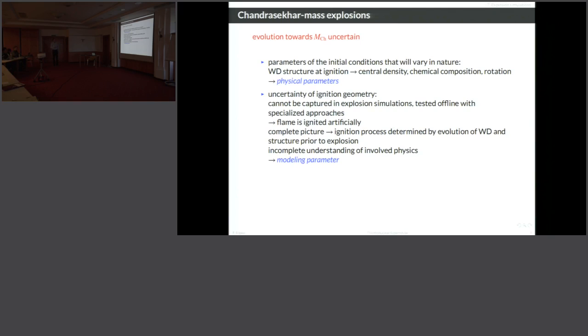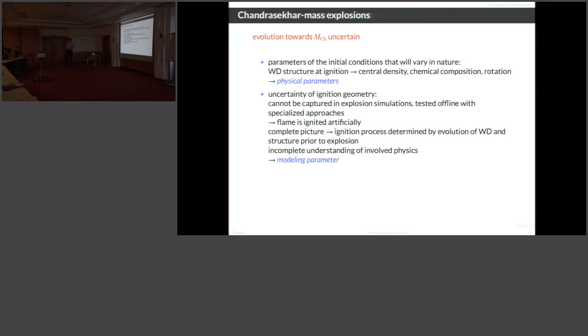So therefore, in the actual explosion simulations, what one currently does is that one ignites the flame artificially. Of course, in a complete picture, you would think that by physics of the progenitor evolution and the ignition, all this should be fixed according to the properties of the progenitor.